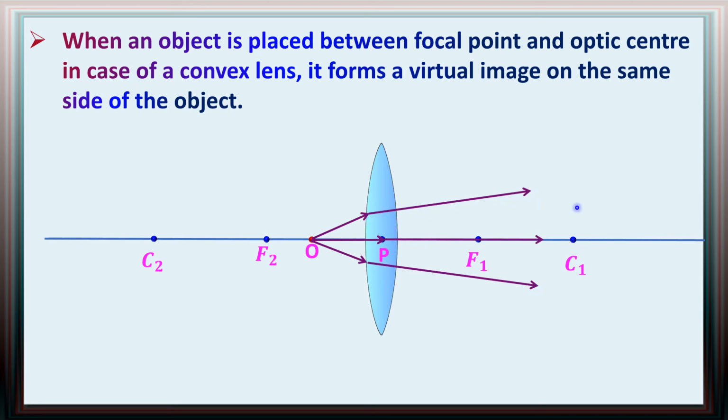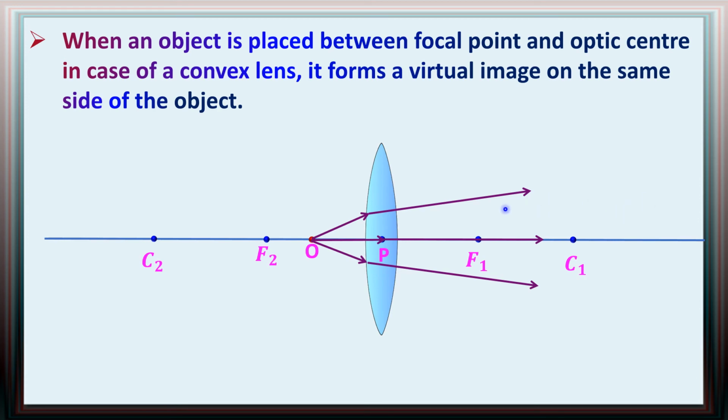So these are the refracted rays. These refracted rays are almost divergent rays actually, and if you extend them forward, they never cross one another. That's why the image will not be formed on this right side.